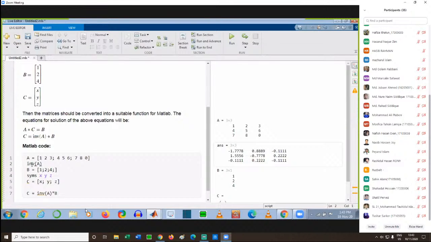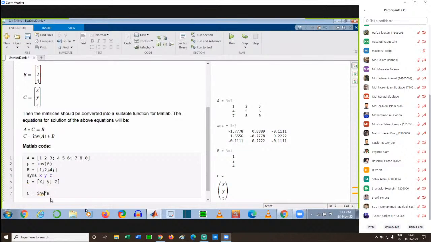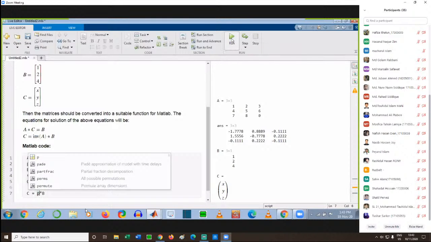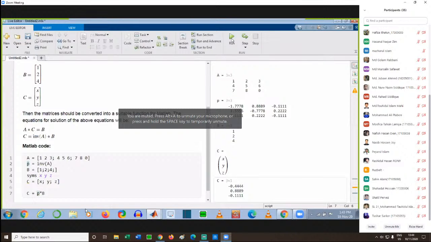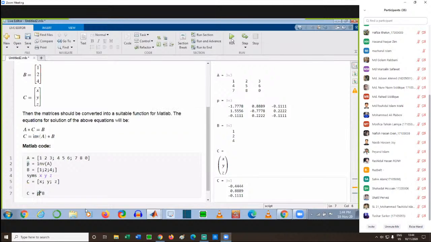You don't need to define that. Suppose we already defined it, E equal inverse of A, then you can run that. And here just write E and run that. Okay, got the C value. X equal minus 0.4444. Y equal 0.8889. And Z equal minus 0.1111. That is the value.